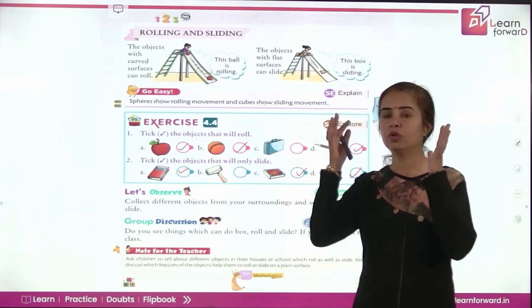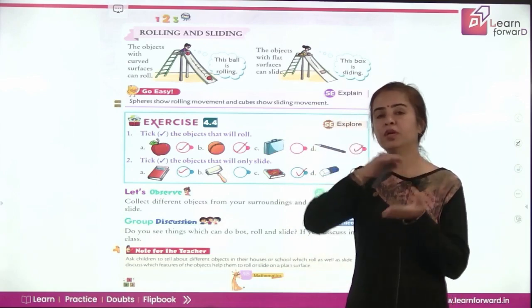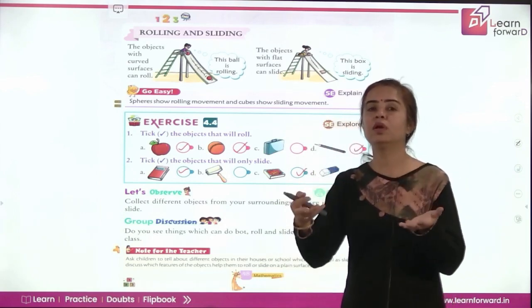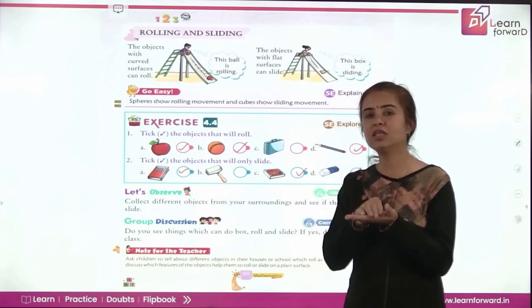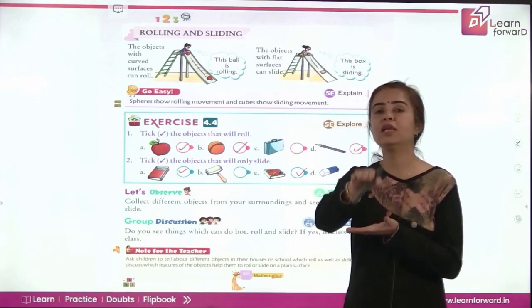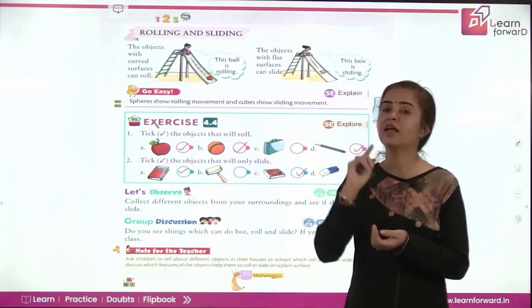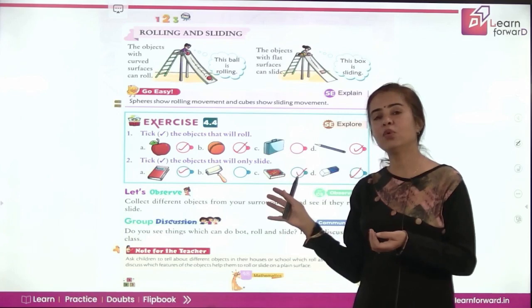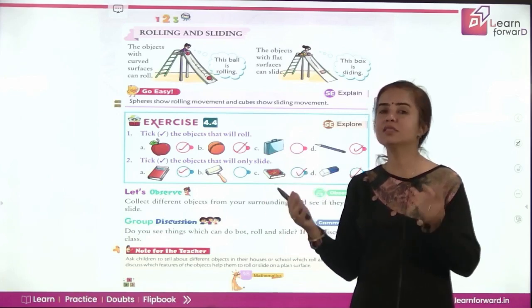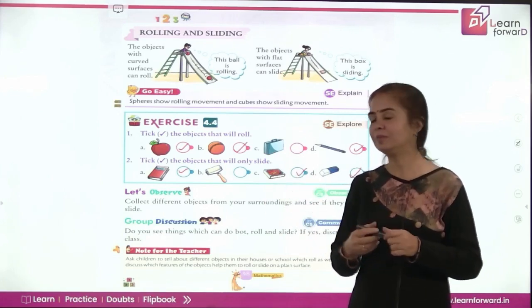If you talk about your conical cap, you put it vertically, it will roll. But if you put it upside down with the flat surface touching the ground, then it will slide. So the objects that have round as well as flat surfaces, they can roll as well as slide. All others can do only one, right?